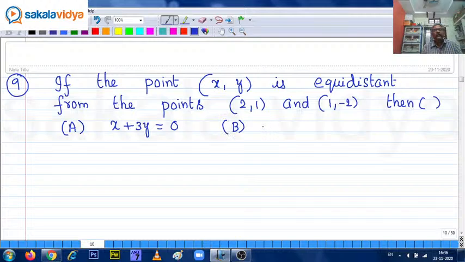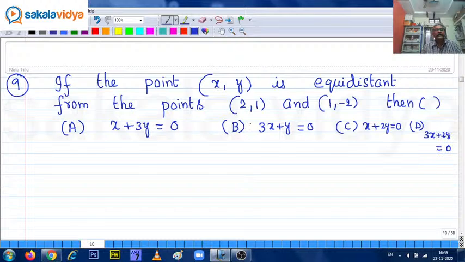Option B, 3x plus y equals 0. C, x plus 2y equals 0. D, 3x plus 2y equals 0.